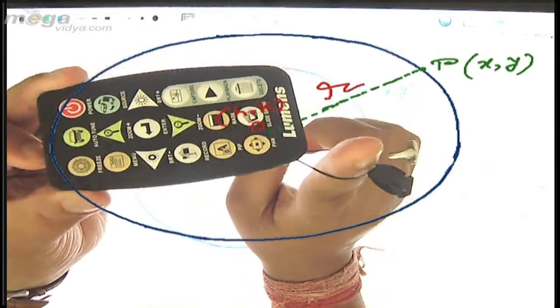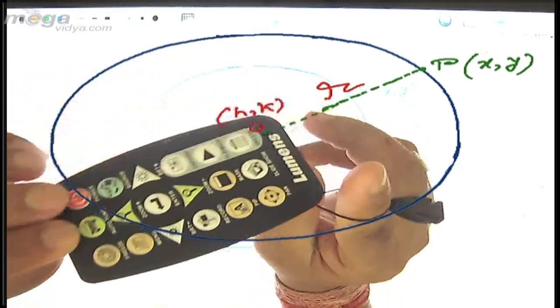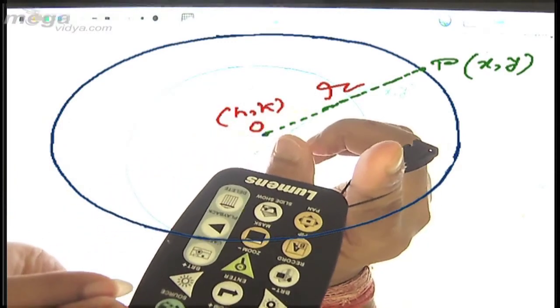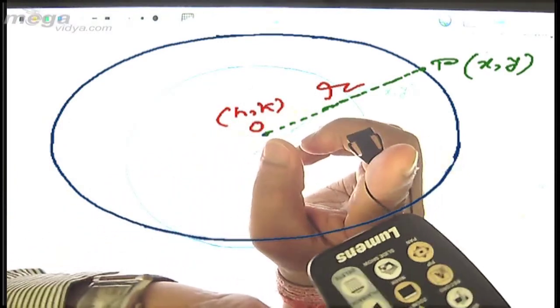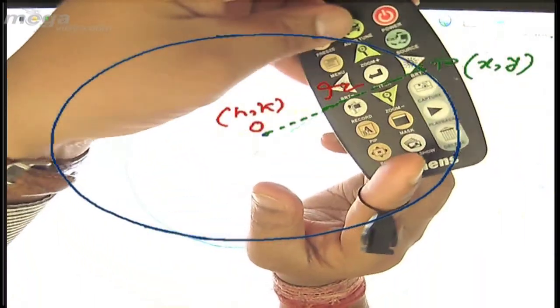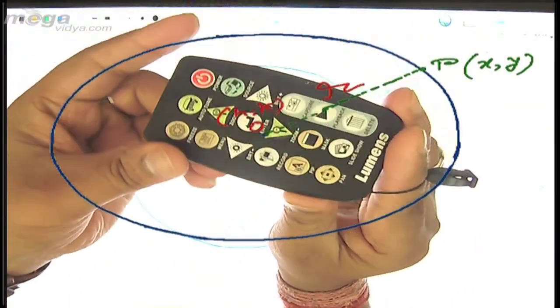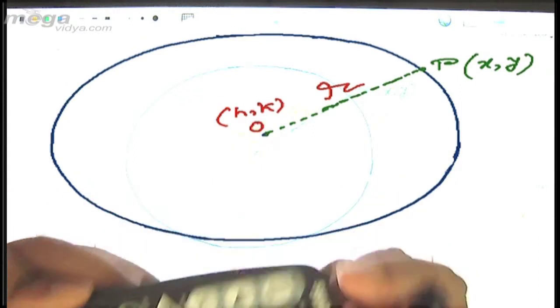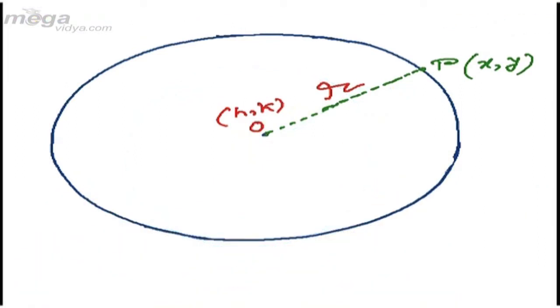You can see this distance is always constant, whether this point is here or here or here, wherever it is moving, it is always the same distance. Now we have to find the equation of this path, that is, the equation of the locus of this circle.